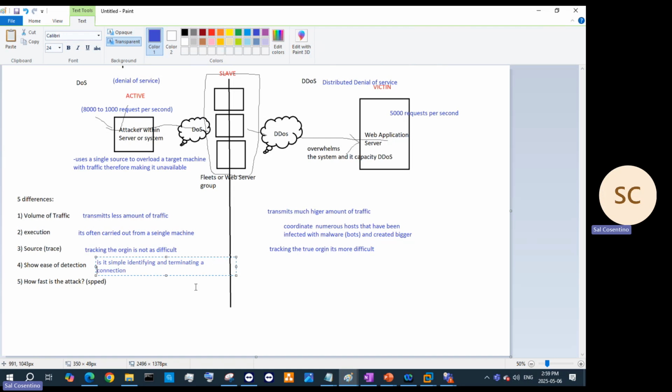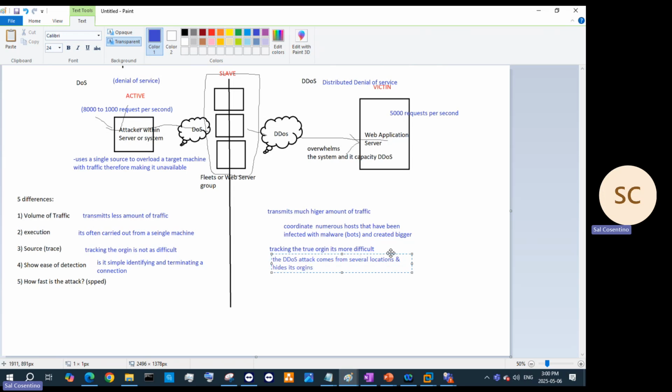And in a DDoS attack, the attack comes from, let's say, several locations and hides its origins.